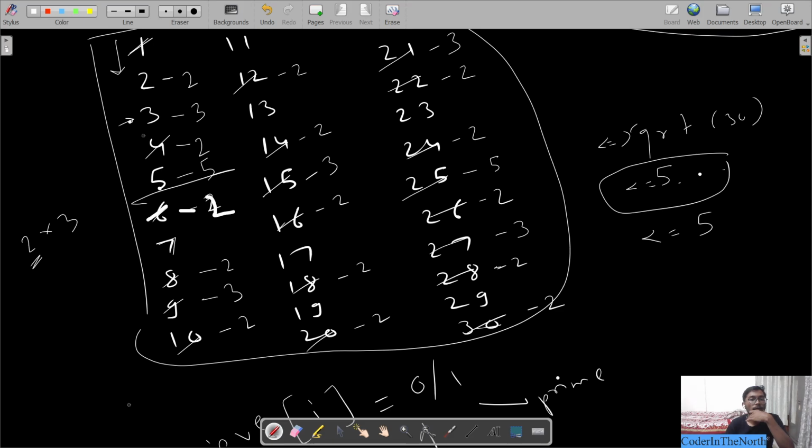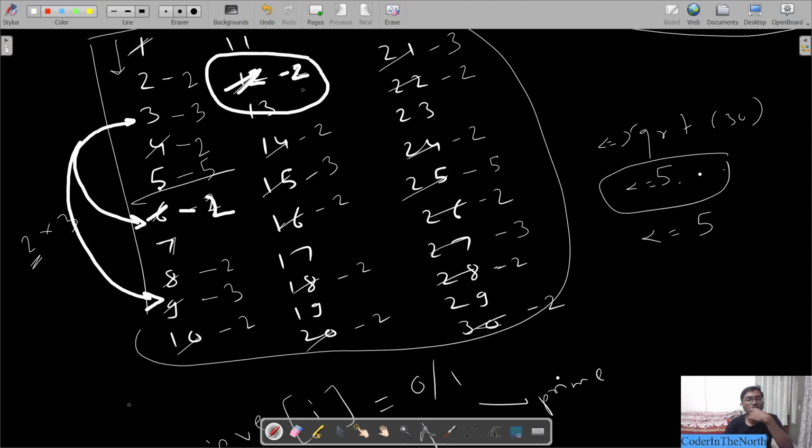When iterating for 3, 6 will not come because we start from 9. Take another number like 12. 12 was already deleted and we assigned 2 as its smallest prime factor. So when 3 iterates from 9, after that it will go to 12. We don't need to change anything there. If we assign 3 here, the answer will be wrong, because it's not the smallest prime factor of 12.